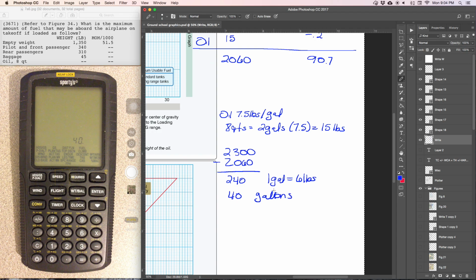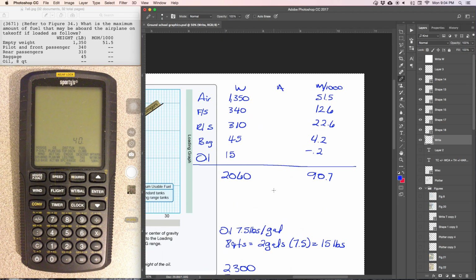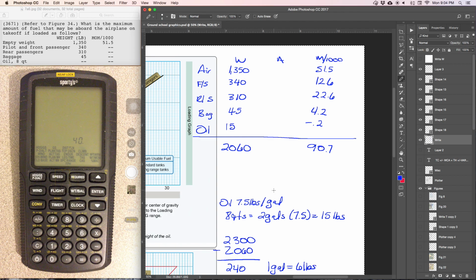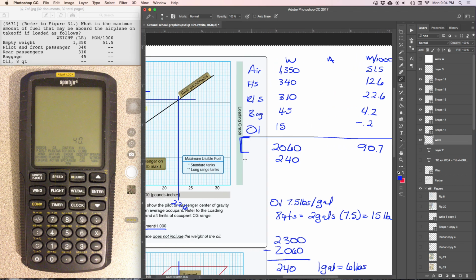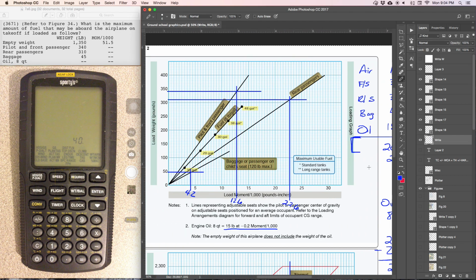So now we need to determine if we can add 40 gallons and still be within limits. After we've determined the new center of gravity, we can use this as the starting point, and we're going to add 240 pounds for fuel.